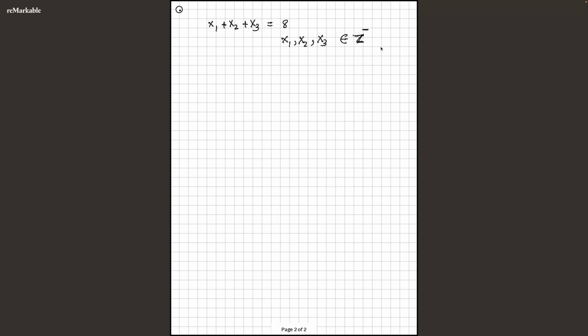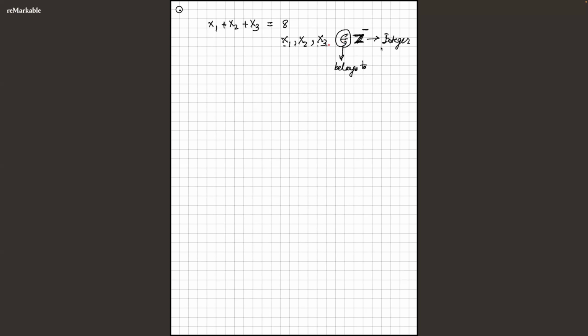This Z means integers, and this symbol means belongs to. You're basically telling each of these variables, x1, x2, and x3, belongs to the integer group.